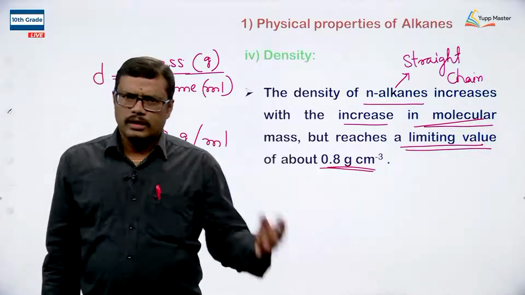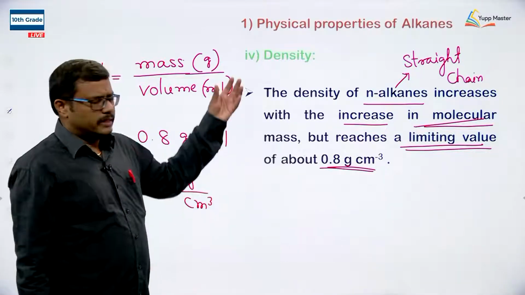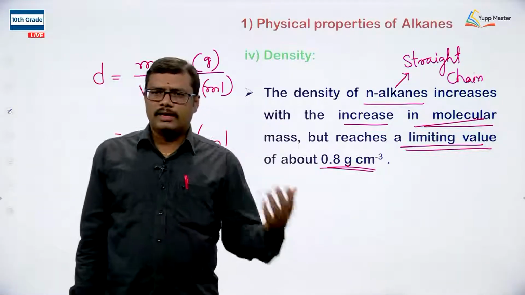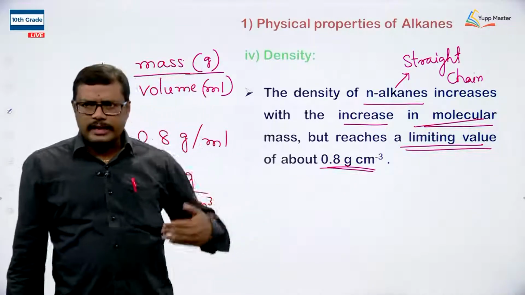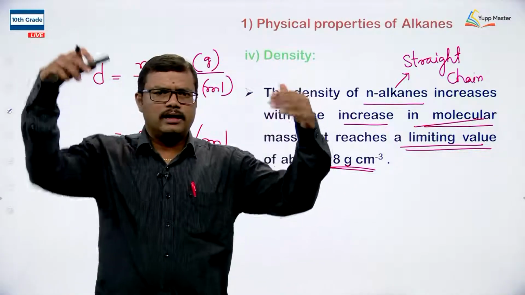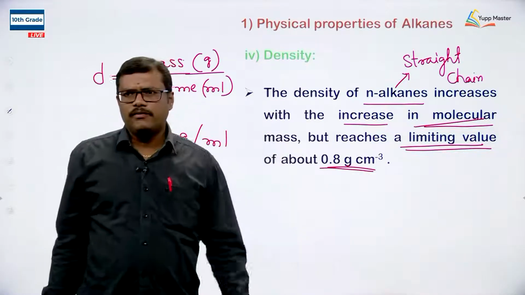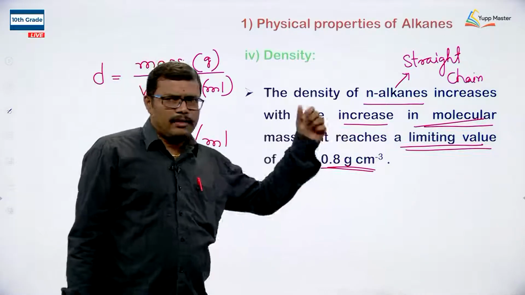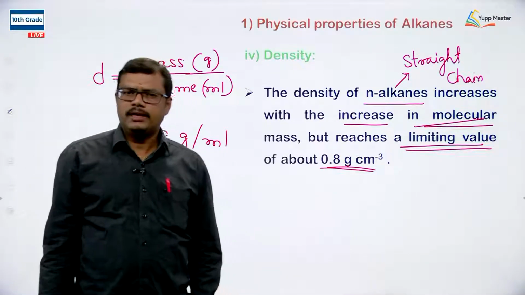So, the density of normal alkanes, straight chain alkanes, increases with the increase in the molecular mass, and it reaches a maximum value of 0.8 gram per centimeter cube.